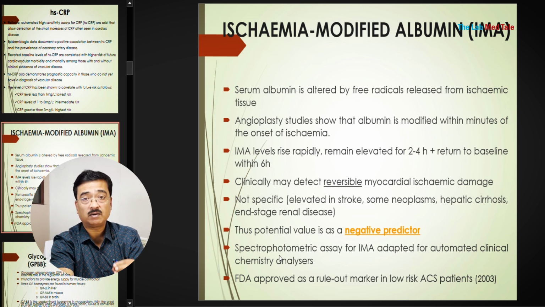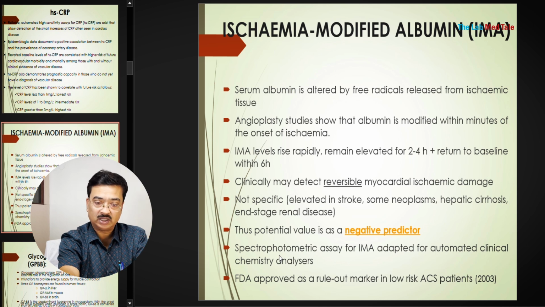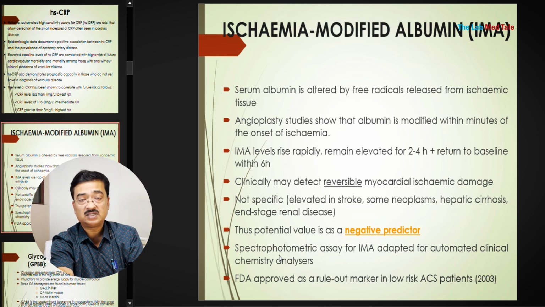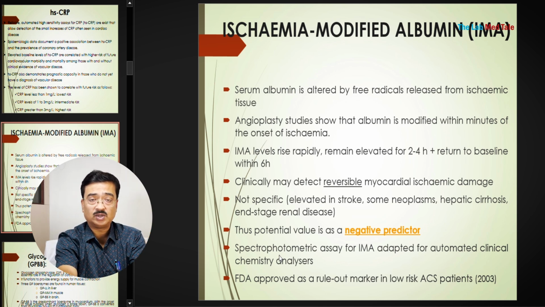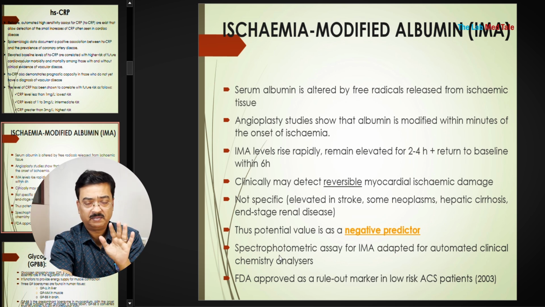That is a very fast marker, but it is again a negative predictor, and it has less specificity, because it can happen with stroke and with hepatic cirrhosis. There are other conditions which can also produce it. But IMA is a marker when you suspect cardiac injury, a very early marker at 2 to 4 hours.